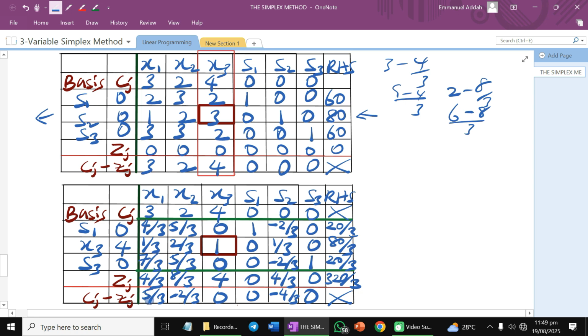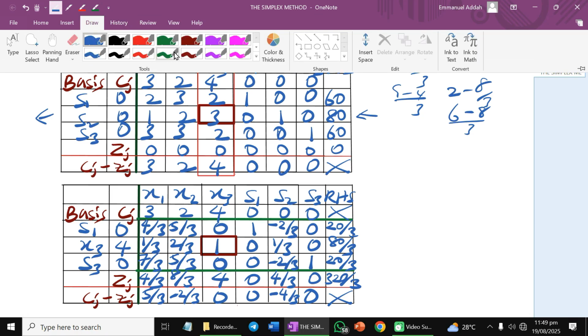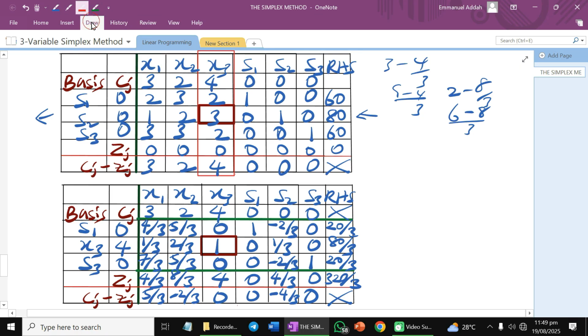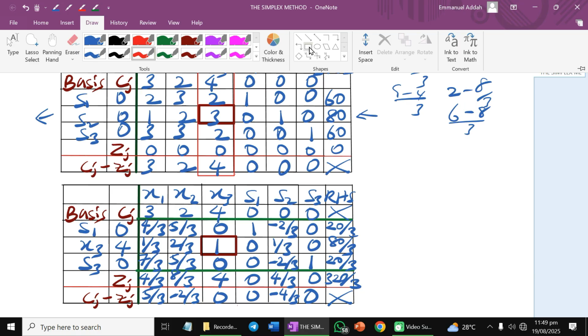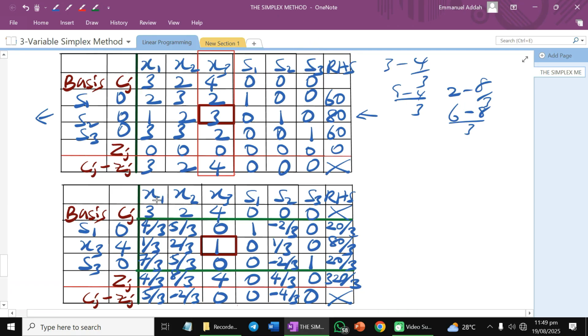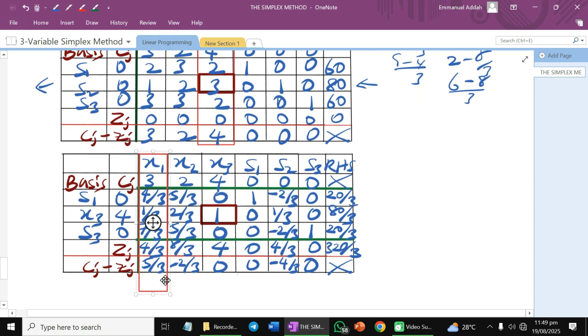So we see that this is the maximum Cj minus Zj value, so it comes into the basis. Therefore, this is our pivot column.